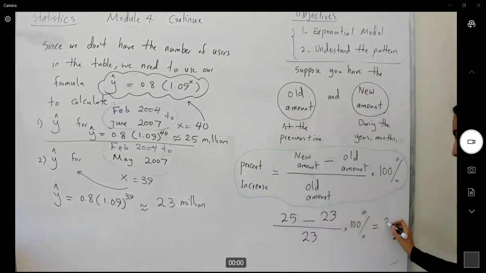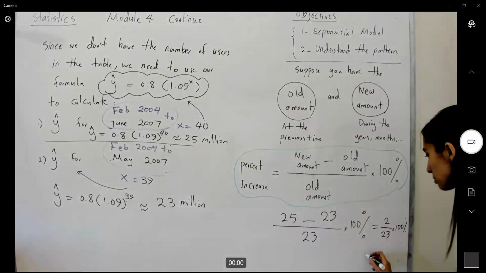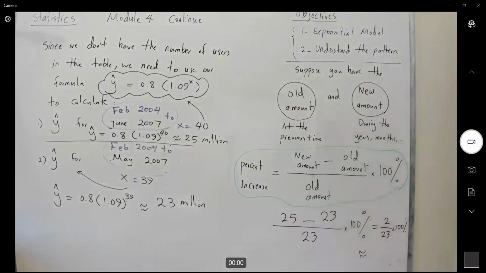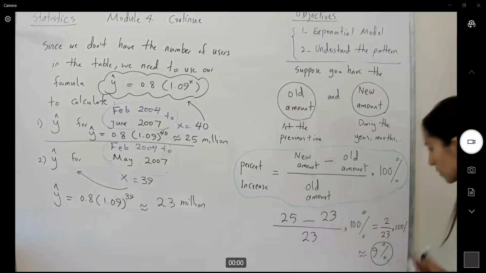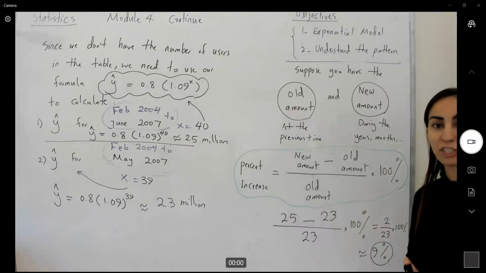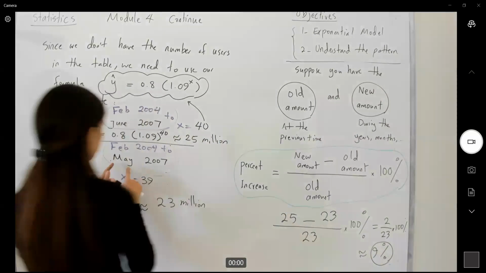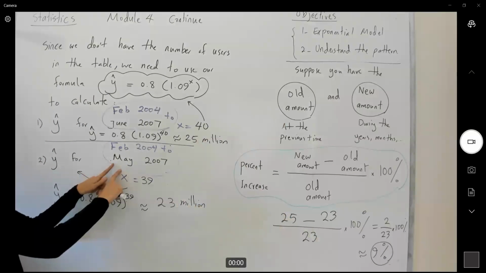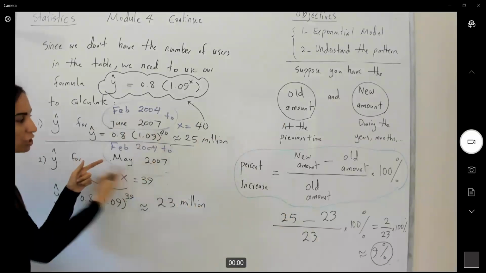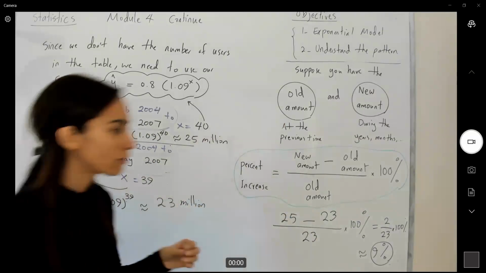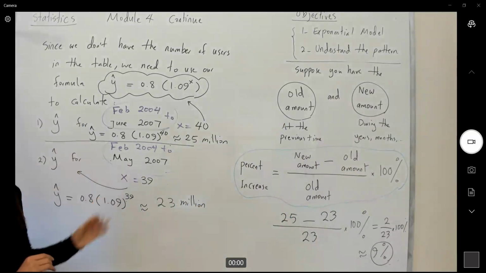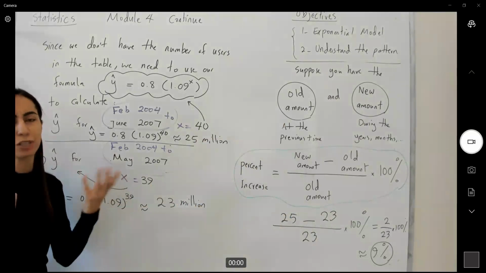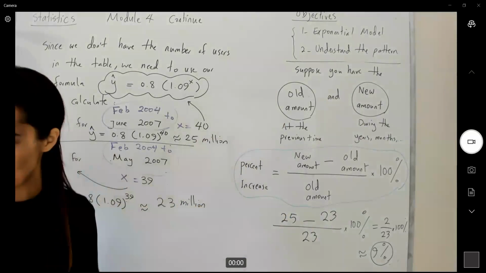So here I get 2 over 23 times 100%, which is roughly 9%. Okay, so it was 25% when you used April. Now that we are changing it to a new month, we get a different value. That absolutely makes sense. The initial values, old values, are different from each other. So of course we get different percentages.